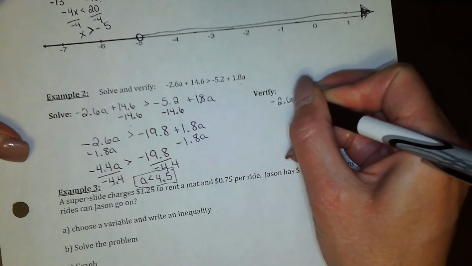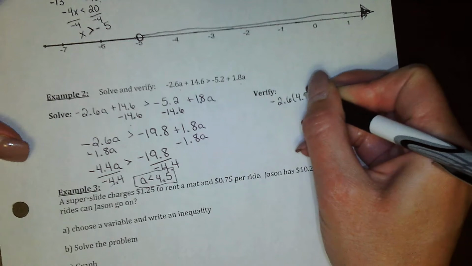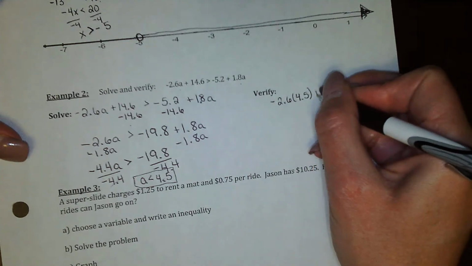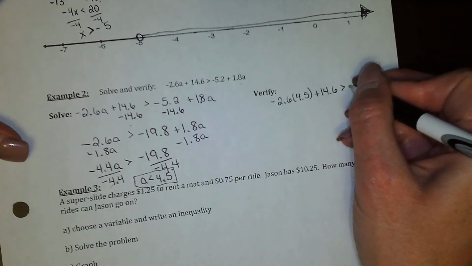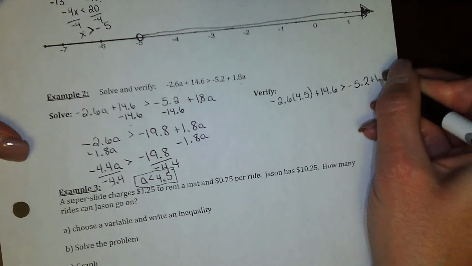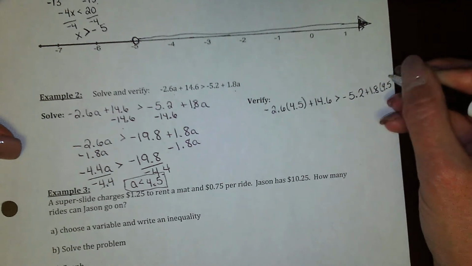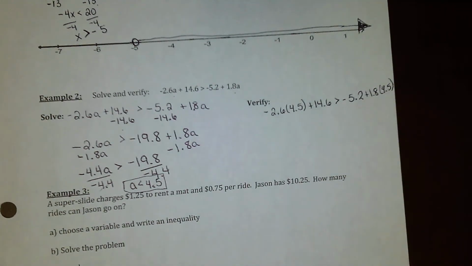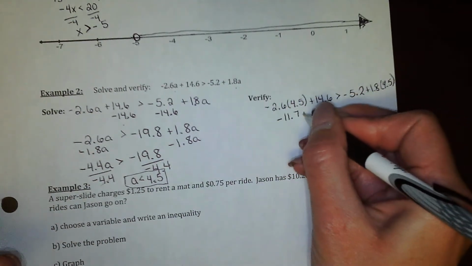Negative 2.6 times 4.5 plus 14.6 is greater than negative 5.2 plus 1.8 times 4.5. Okay, just going to do that calculation there. So this is negative 11.7 plus 14.6.